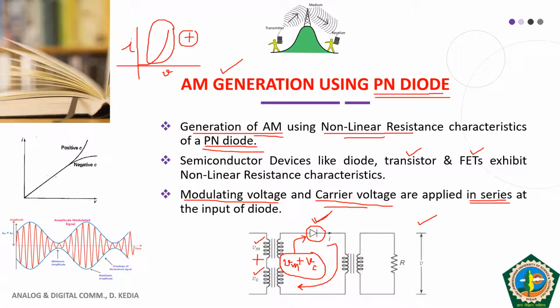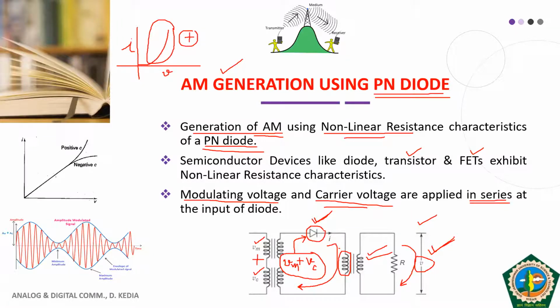Whatever current or voltage is induced in the primary of the output transformer is obtained at the secondary, and it is passed through the resistance, and as a result we get the output voltage. So this output voltage consists of the amplitude modulated signal components.